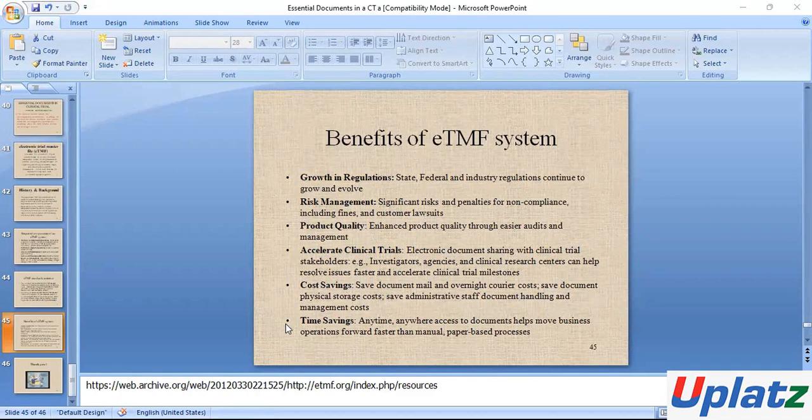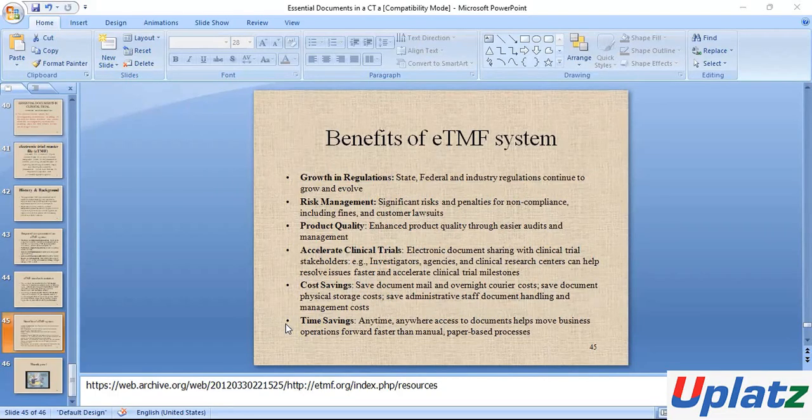Within the systems, the accesses are very specific. For example, if there are 30 sites, at a time 30 sites can upload the documents from their own site locations, but site 1 cannot see the documents of site 2 and vice versa.